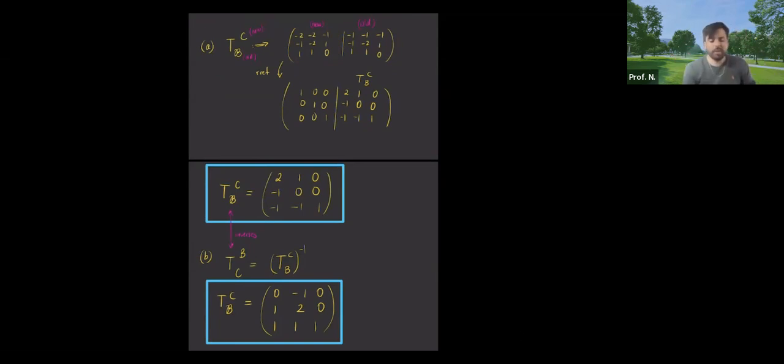You perform a reduced echelon form, and the matrix on the left should be an identity matrix, and on the right it should be the desired transition matrix from one basis to the other basis. Okay. So that's that.